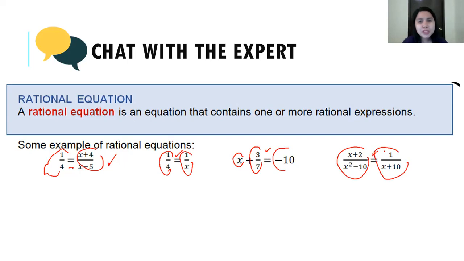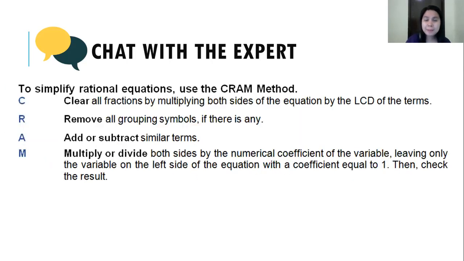Now, how do we solve rational equations? We will use the CRAM method. What is the CRAM method? C stands for clear. It means that we clear all the equations by multiplying the equation by the LCD terms. Remember, in a rational equation, there are fractions.